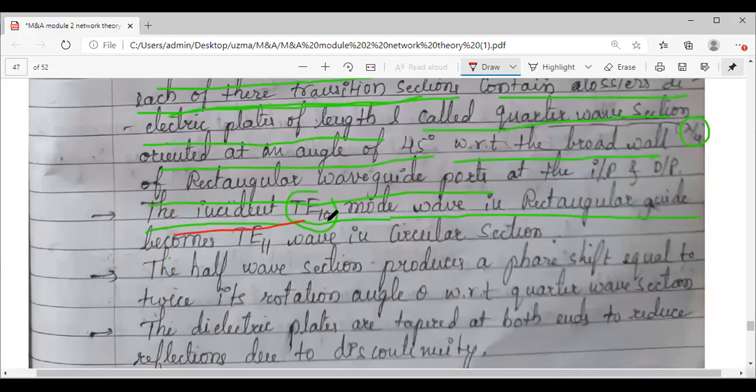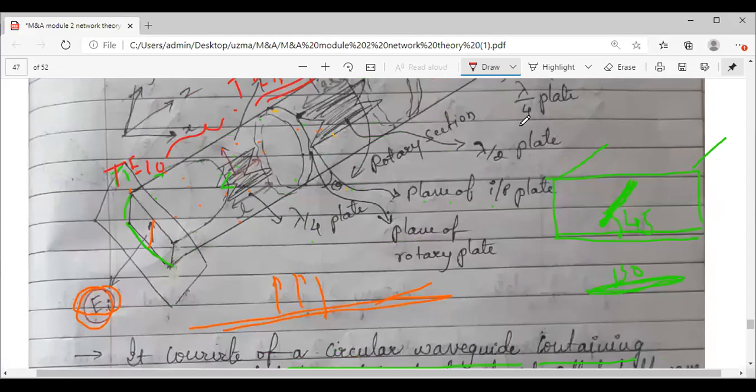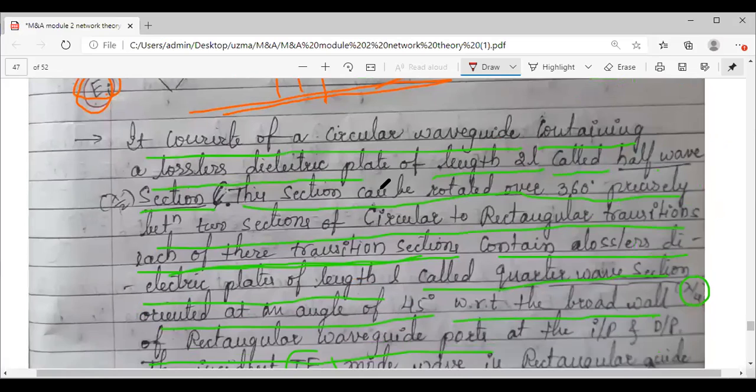The incident TE10 mode in the rectangular waveguide becomes TE11 in the circular section. So what is in the circular section? It has a dielectric plate which we call lambda by 2 plate. In the middle section you have the lambda by 2 plate.